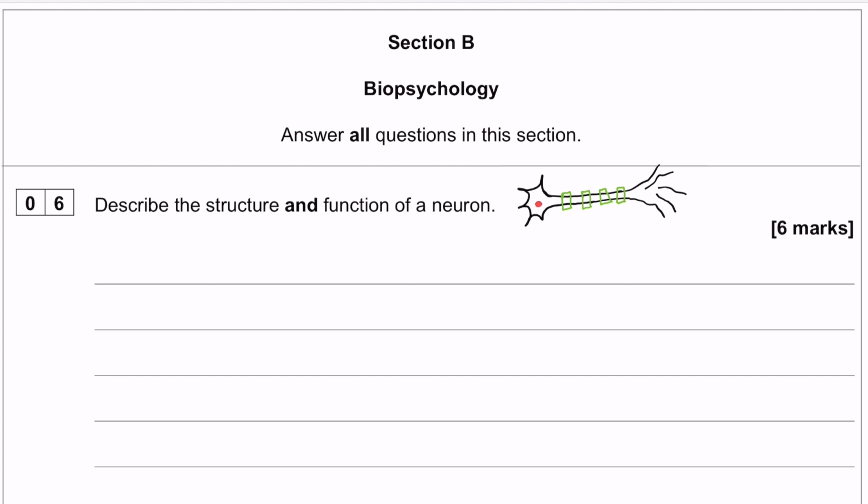Before we start, it is worth noting that you can draw a diagram in your answer, and you can gain credit for information that's presented in a diagram.